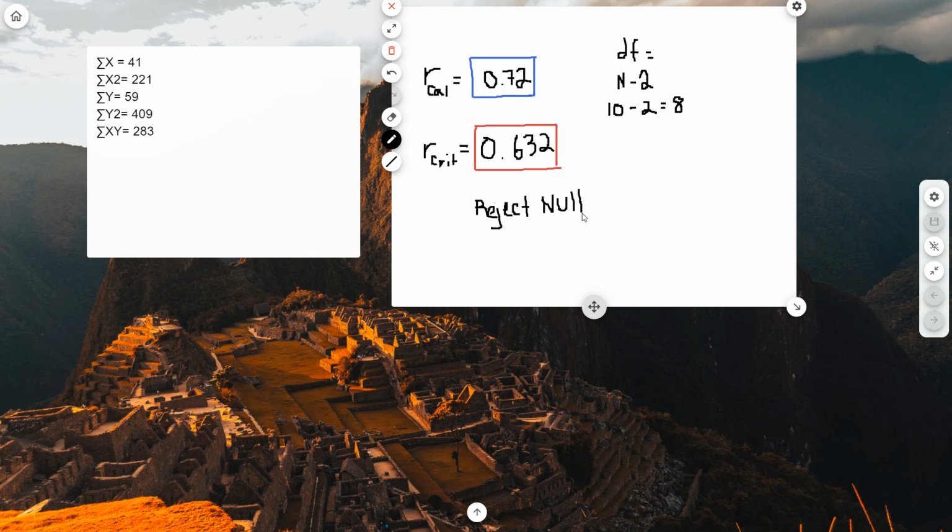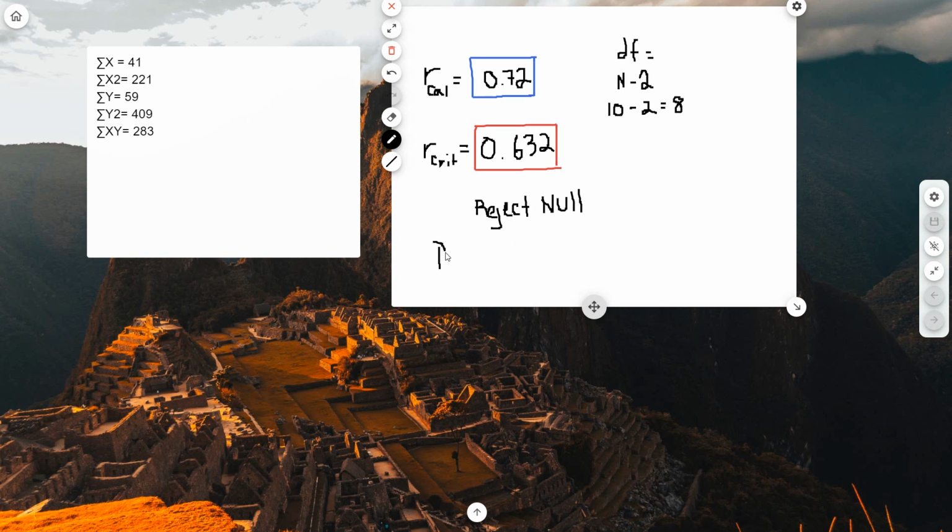So if we're rejecting the null hypothesis, we're rejecting that sentence. We're rejecting the sentence that says there is no relationship between number of suspensions and level of anxiety for the teenagers. So in effect, we found that there is a correlation between number of suspensions and anxiety.